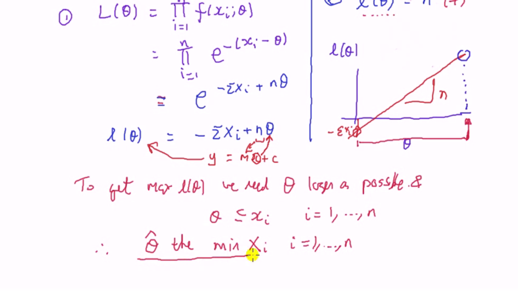And that's the answer. The MLE is the largest theta which also satisfies the constraint that it's less than not just one of the x's, but all the x's. The only theta that can do that is the minimum of the x's.